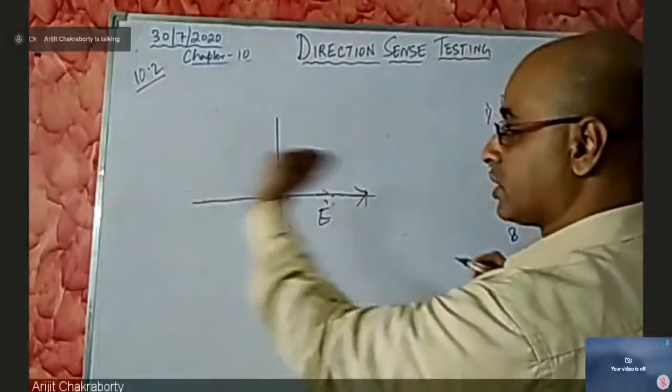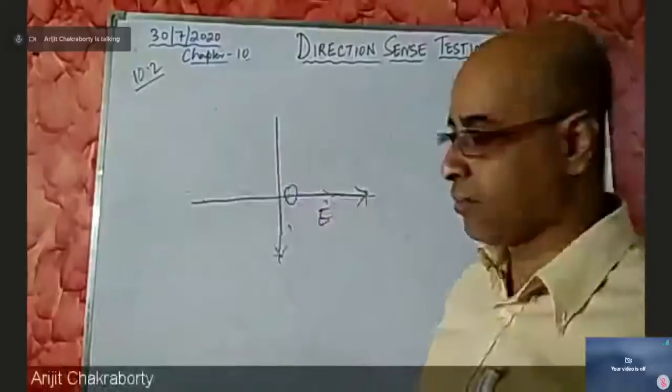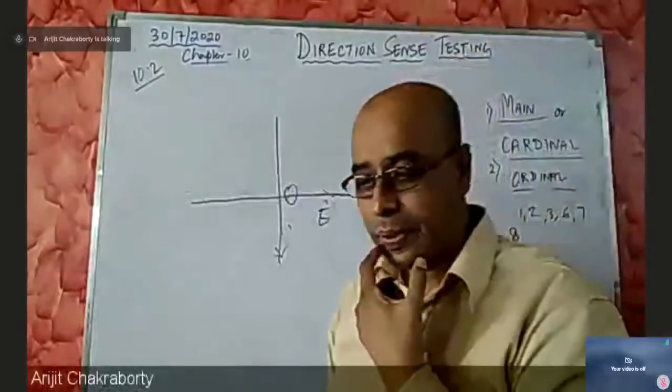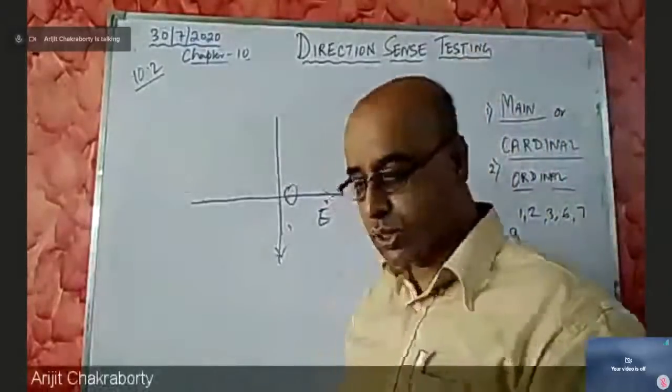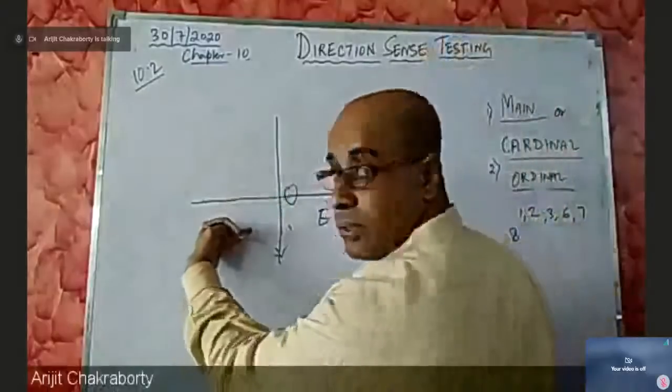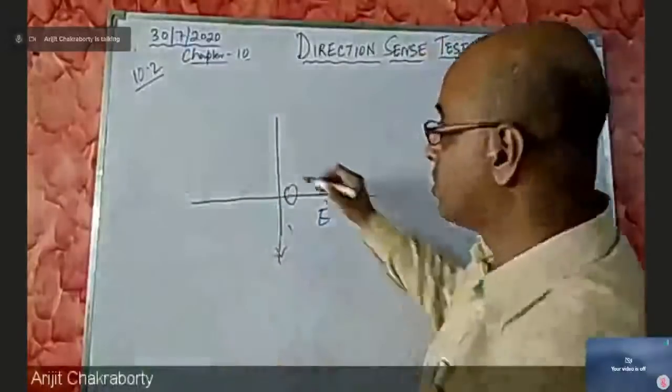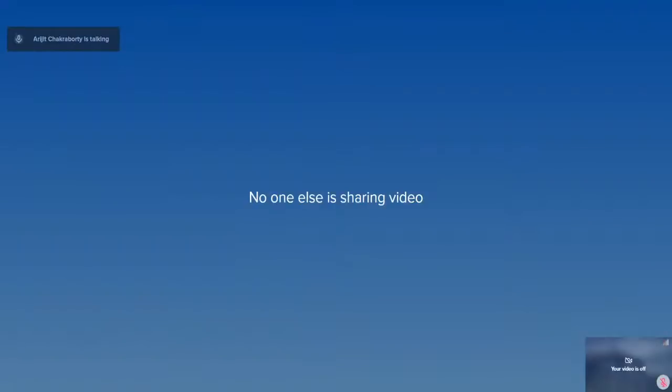Then he turns left and goes 10 meters. From here, if you turn left, he is moving now towards north. So he goes to the north and covers 10 meters.